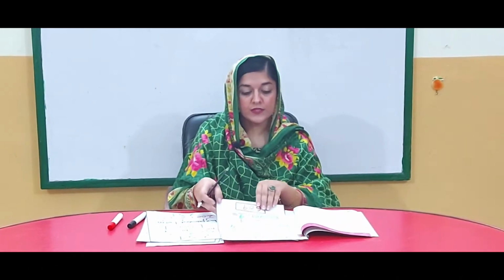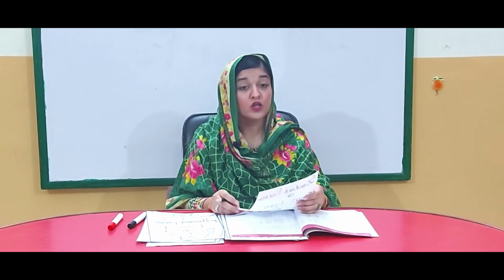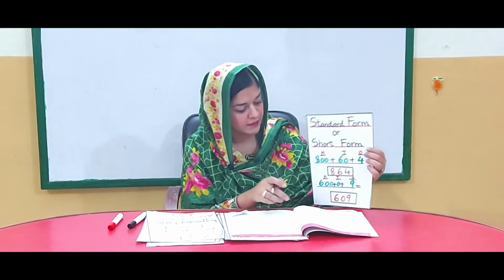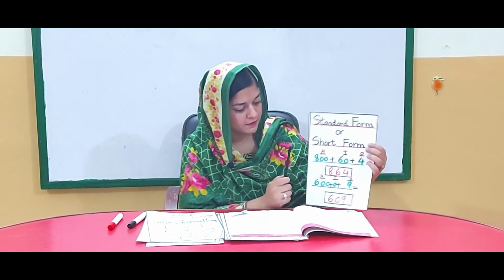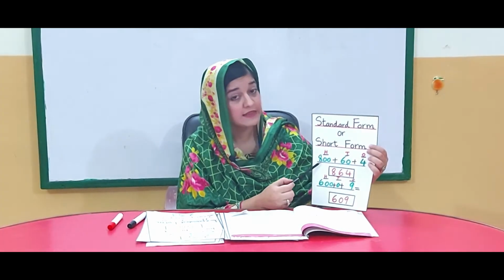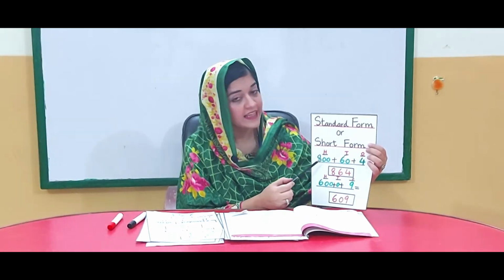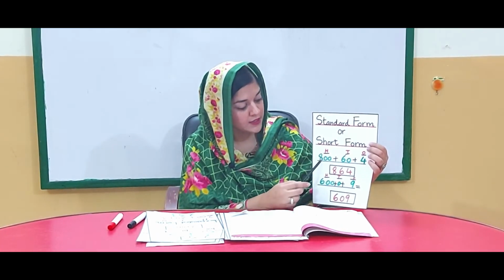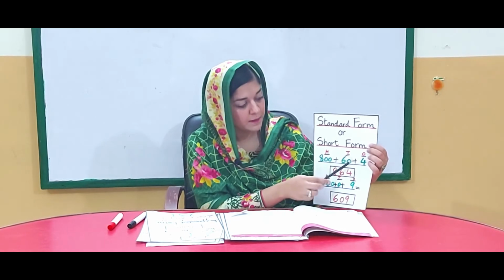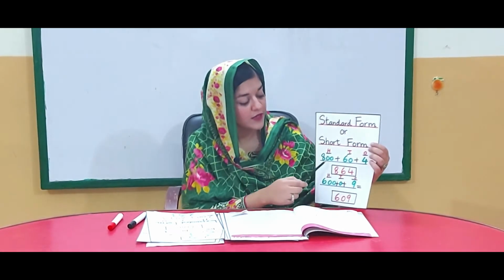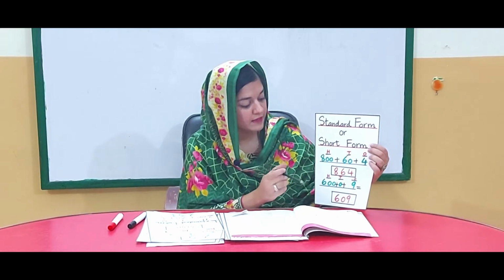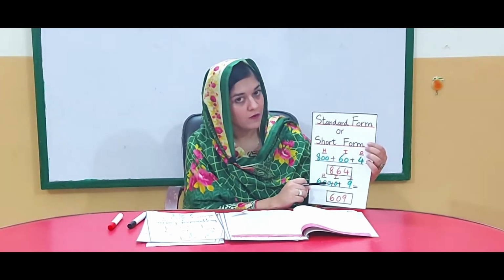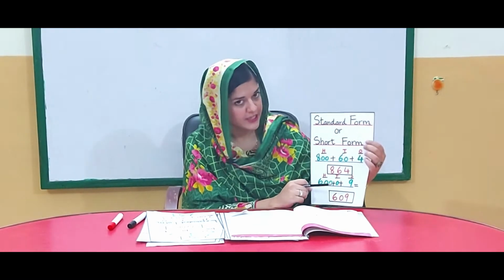Now we will move towards the standard form, or short form. We can see here the example given to us in expanded form, as we have done before: 800 plus 60 plus 4. Now they are asking us to write this in short form or standard form.